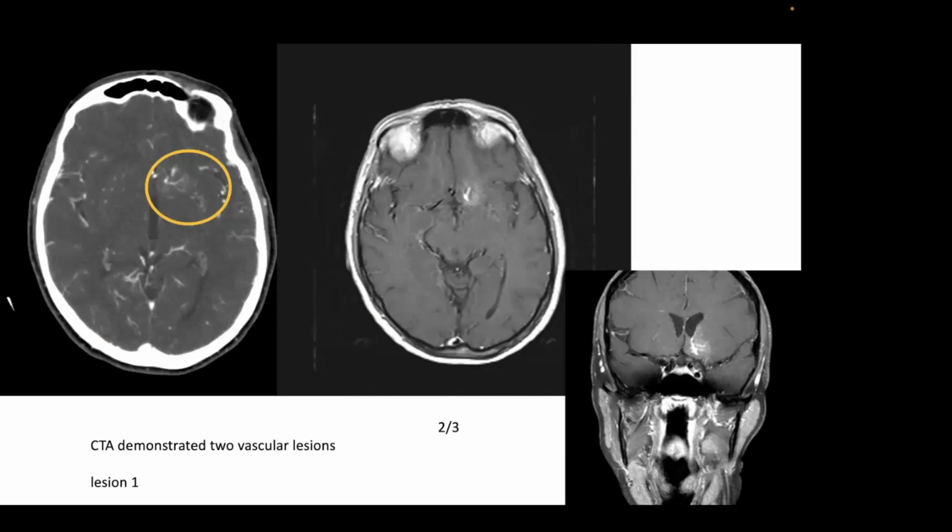What do you think this is? Anna, go ahead. What do you think this is, Anna? Some type of vasculitis. Well, here we see a number of branching vessels that all enhance after administration of contrast.